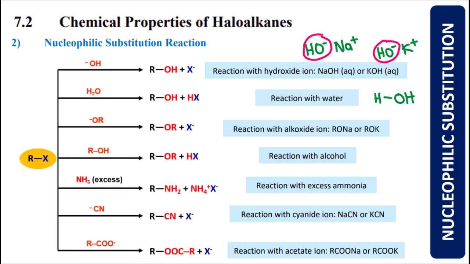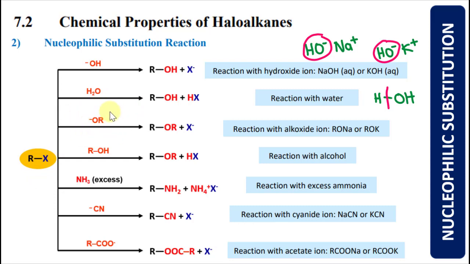In this case, we only take the OH group, the OH group will replace the halogen atom and the hydrogen here will combine with the halogen atom and it will become the hydrogen halide as our side product. So these two reactions are called the hydrolysis of haloalkanes.